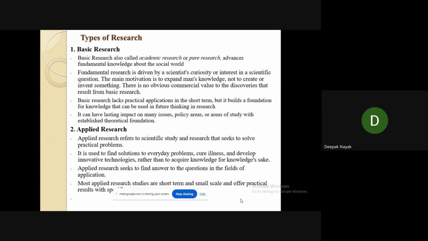For example, at the primary level, someone researched the universe, whether the earth revolves around the sun, or the sun revolves around the earth.